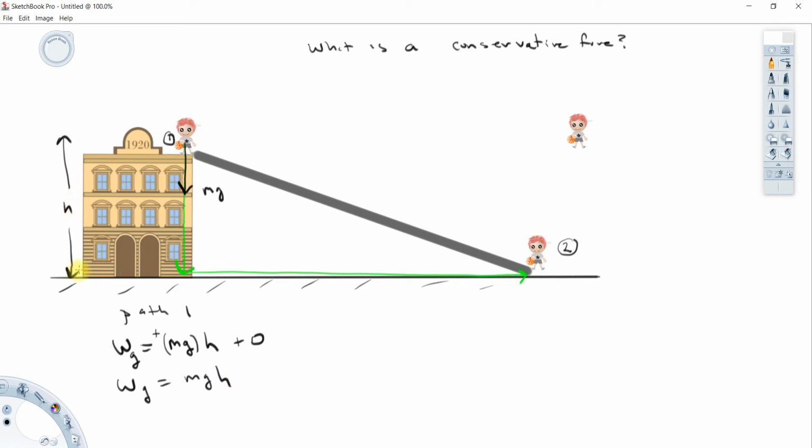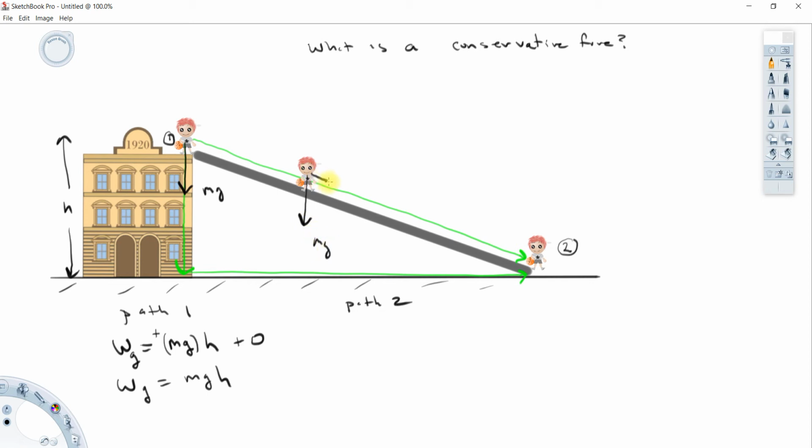All right, now we're going to discuss path 2. And path 2 is going to be this path along here. Now, as Timmy's walking along this path, I'm just going to freeze this right here, and draw in the gravitational force vector, which is straight down, equal to mg.